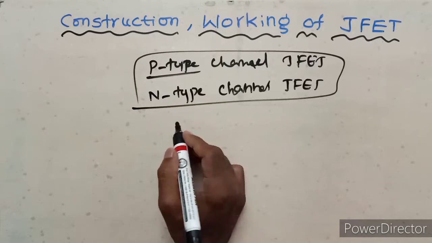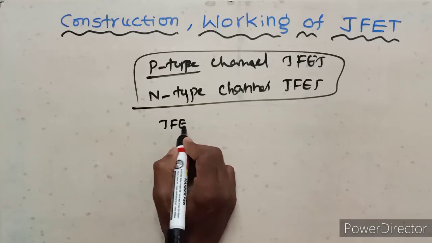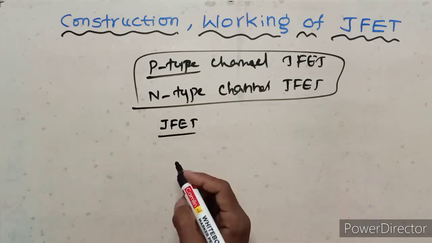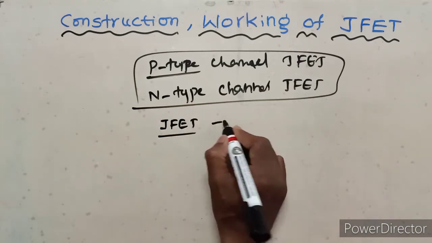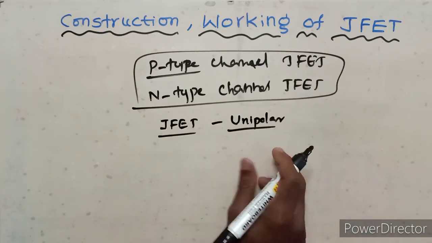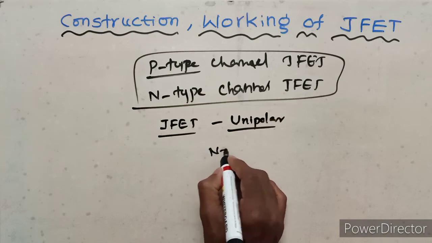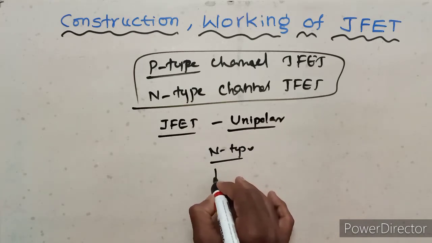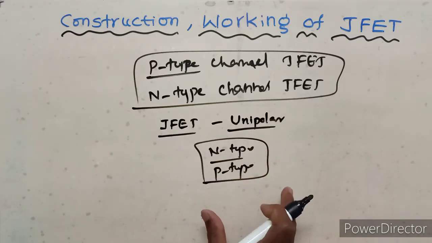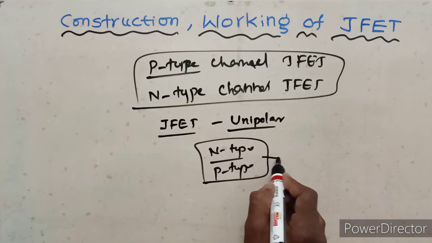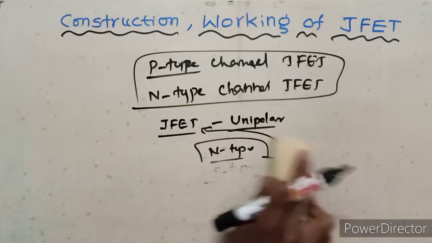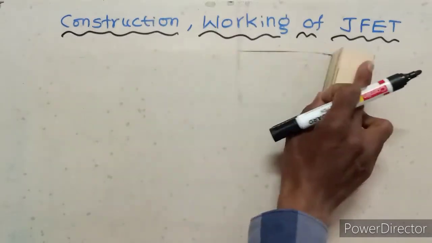The field effect transistor is a unipolar transistor. Unipolar means either N type or P type majority charge carriers are present in the JFET. What is the symbol of the JFET?